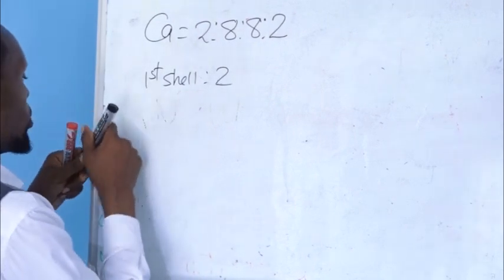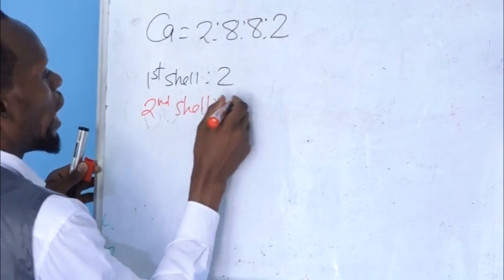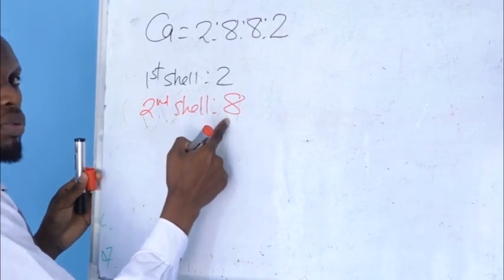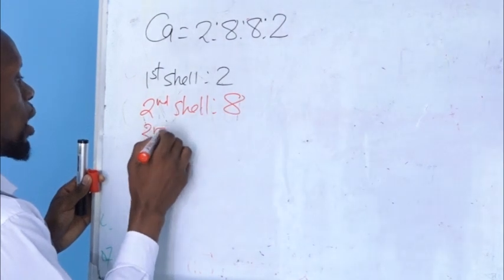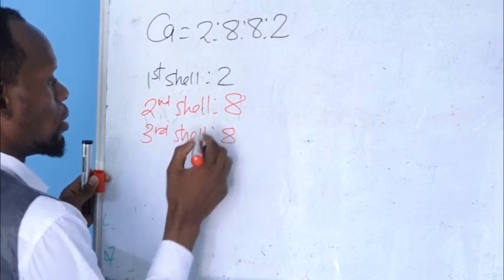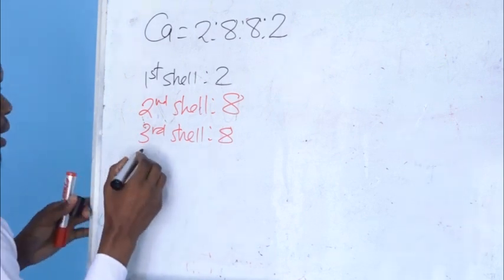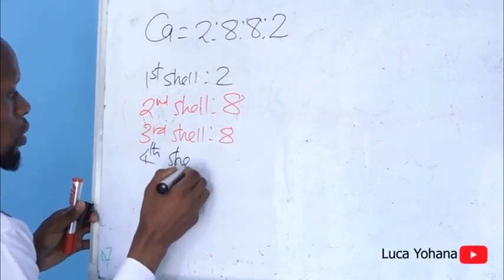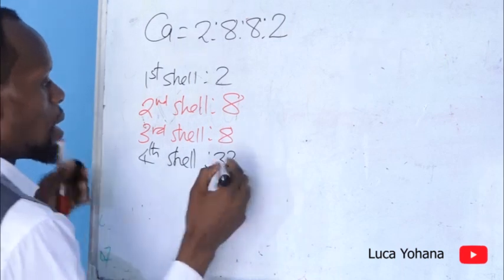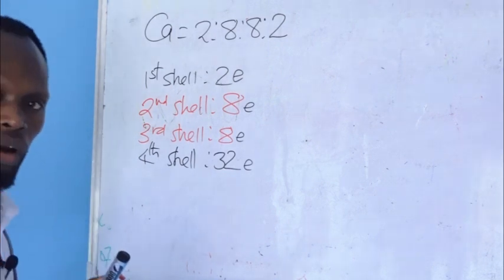The second shell must have a maximum of 8 electrons. If it has less than 8, that atom is unstable. The third shell, maximum 8 electrons. If the atom has less than 8 electrons, it is unstable. And the fourth shell, or the fourth energy level, must have 32 electrons. If it has less than 32 electrons, it is an unstable atom.